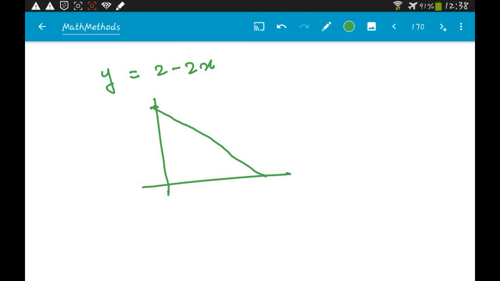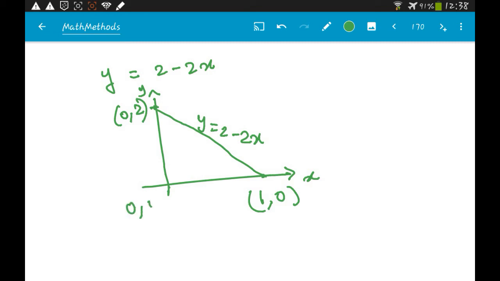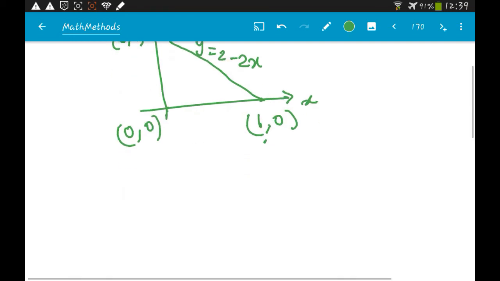So this would be (0, 2), this is y, this is x, and this is the line y equal to 2 minus 2x, and here you would have (1, 0). So essentially x is going from (0, 0) to (1, 0), and y is going from (0, 0) to (0, 2). Y is going from 0 to 2, x is going from 0 to 1, subject to the line 2 minus 2x.